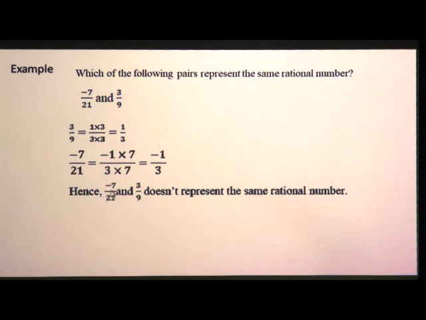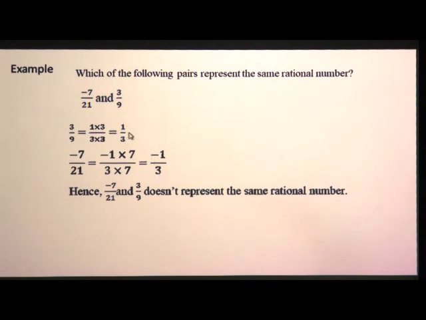Hence, we can say that minus 7 upon 21 and 3 upon 9 do not represent the same rational number. Why? Because one is 1 upon 3 and the other is minus 1 upon 3. There is a lot of difference, because one is a positive rational number and one is a negative rational number.